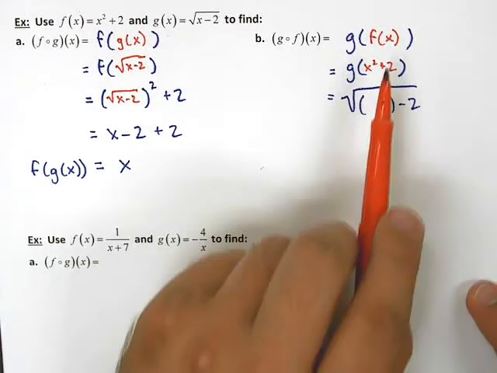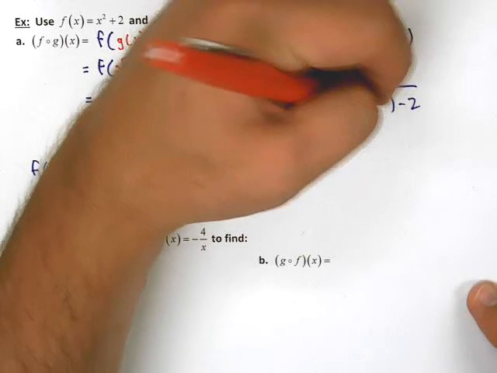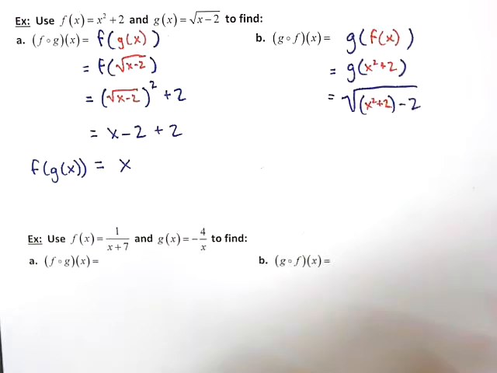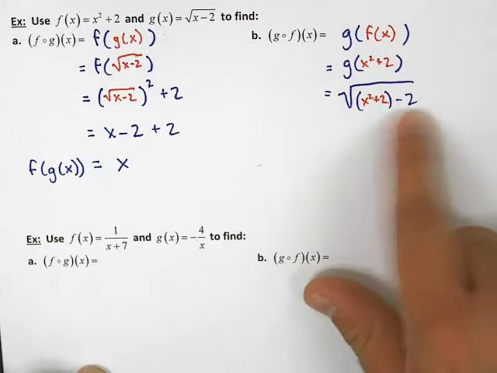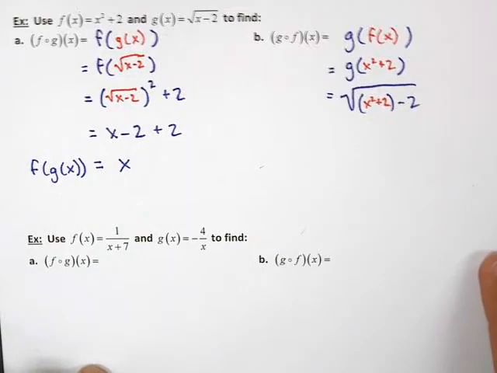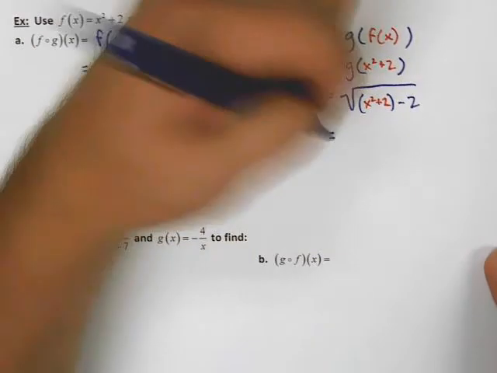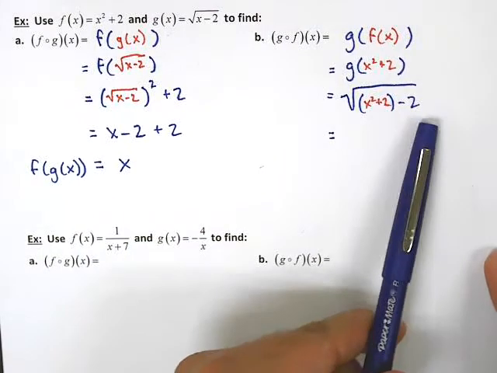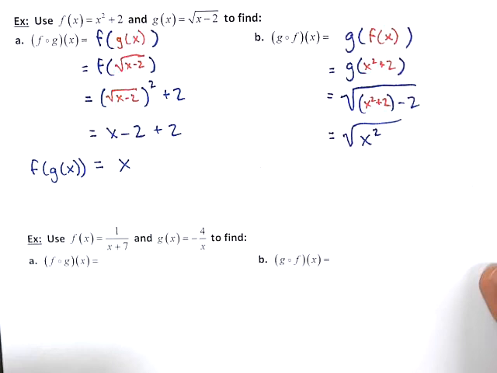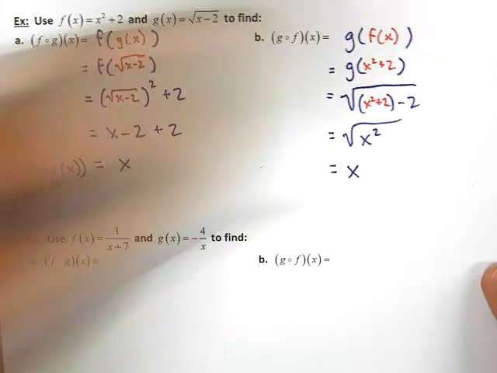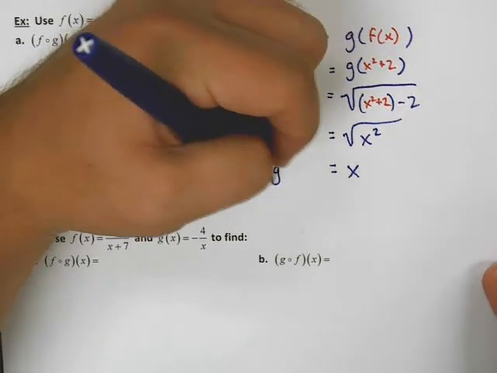When I now put in the input that I have, x squared plus 2, well, what happens here? Can we square root yet? No, we need to clean up the quantity that's underneath the radical first. So this is actually pretty nice, right? X squared plus 2 minus 2 just becomes square root of x squared, and we know that that is just x.